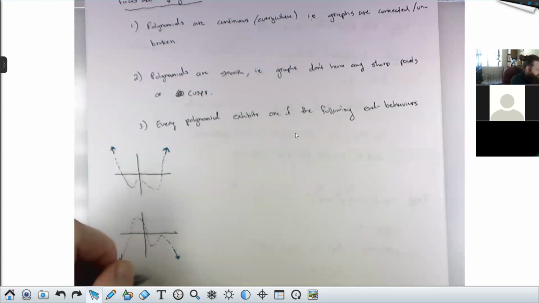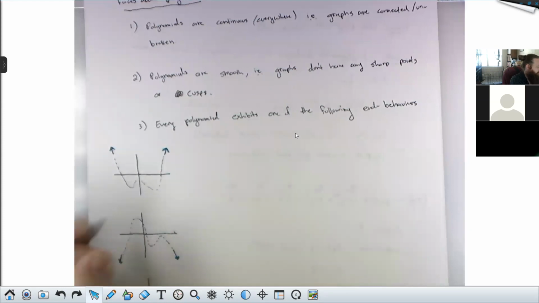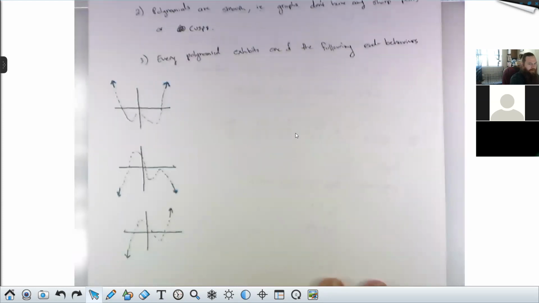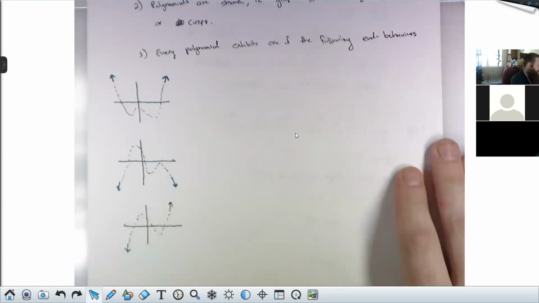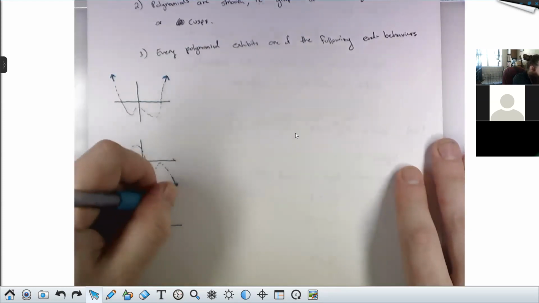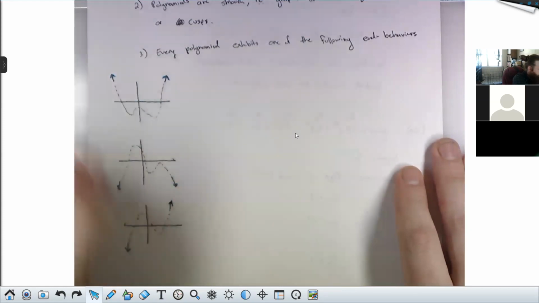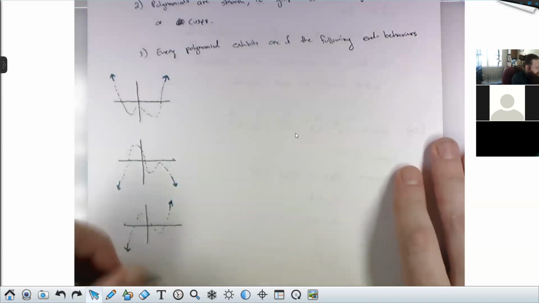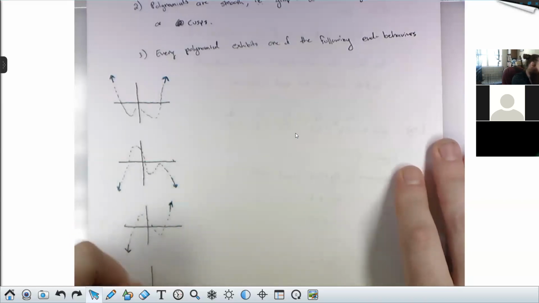And then you think of the graph of x cubed. So there are end behaviors like these, where it goes down on one side and up on the other. And then there's the flipped over version of that, where it's up on the left and down on the right.